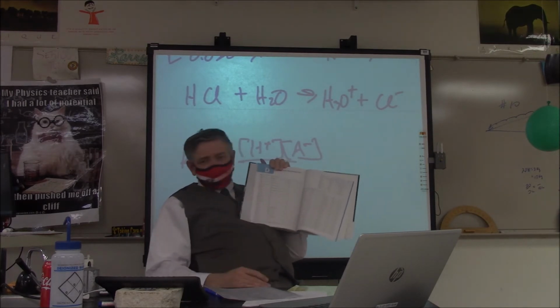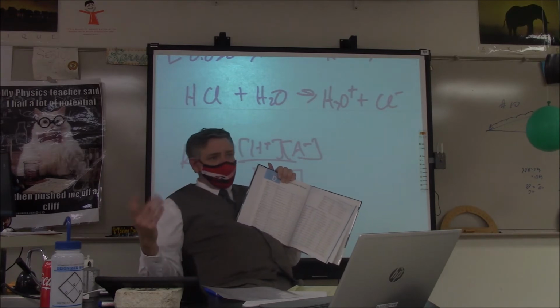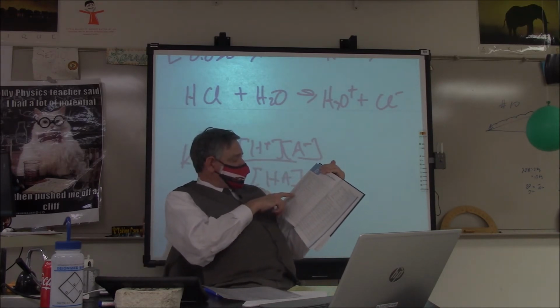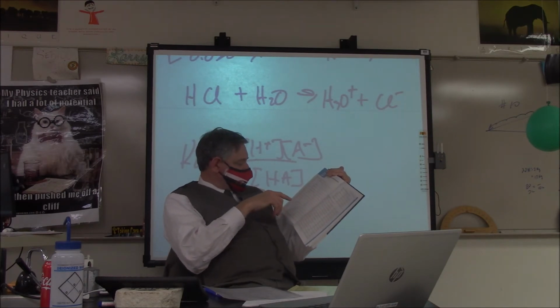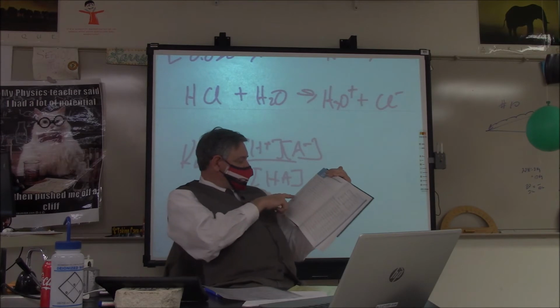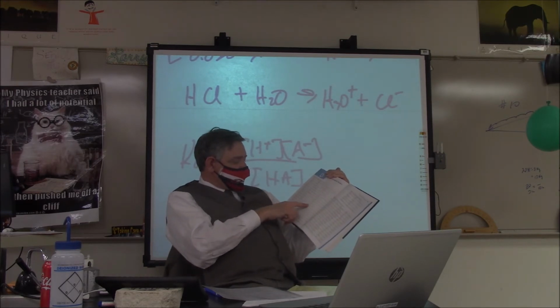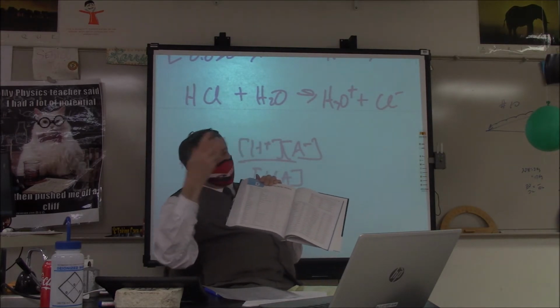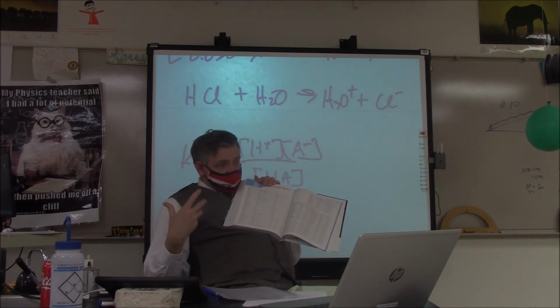Notice that most of these acids are what we call monoprotic, which means that they only have one proton. You get into like, for example, where's it at? Hydrogen sulfide, okay, which is H2S. Notice that it has two Ka values. One when you pull off the first proton, one when you pull off the second proton.